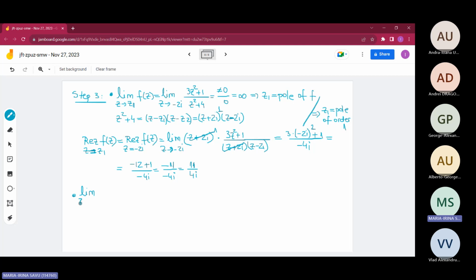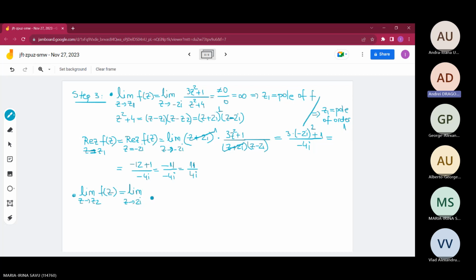The limit when z goes to z2. Wouldn't the limits for Z2 be almost the same as Z1, but instead of a plus, it's a minus? No, for when we compute the limits for when z tends to z2, I think the limits will be the same.